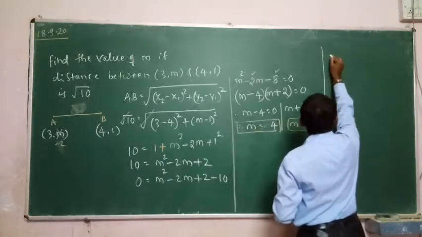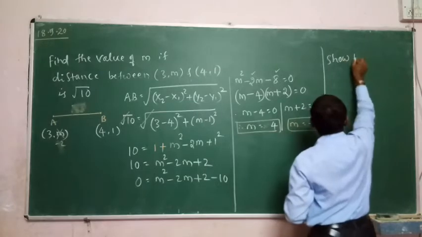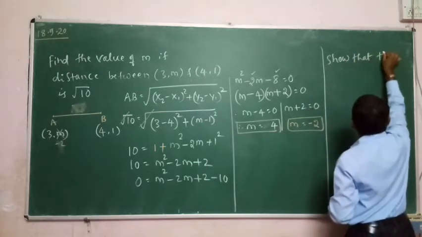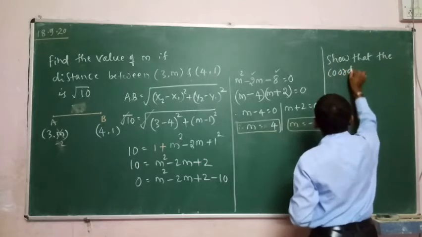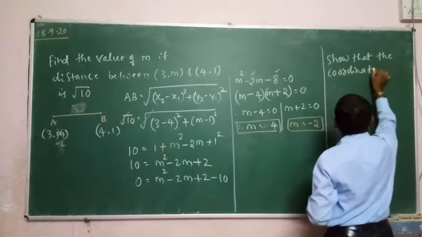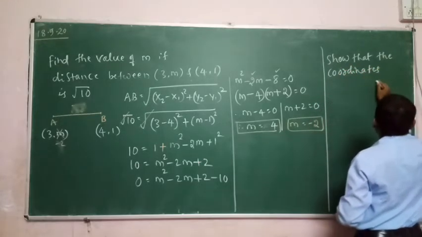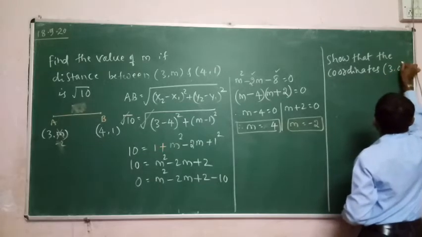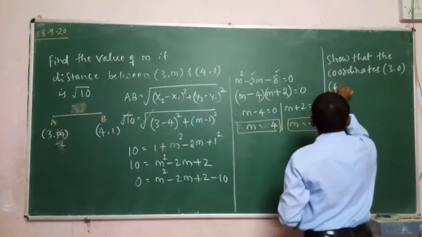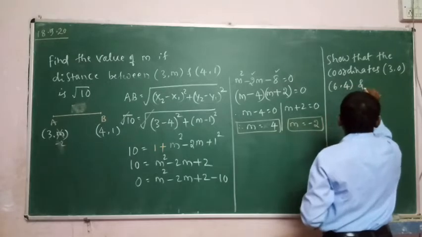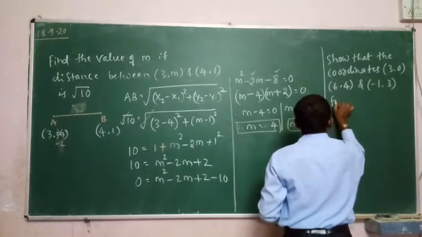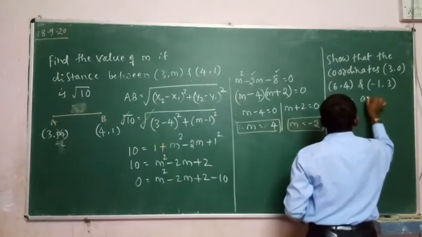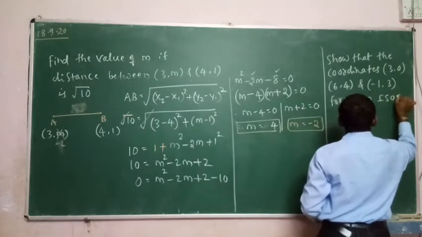Show that the coordinates 3, 0, 6, 4 and minus 1, 3 form an isosceles triangle.